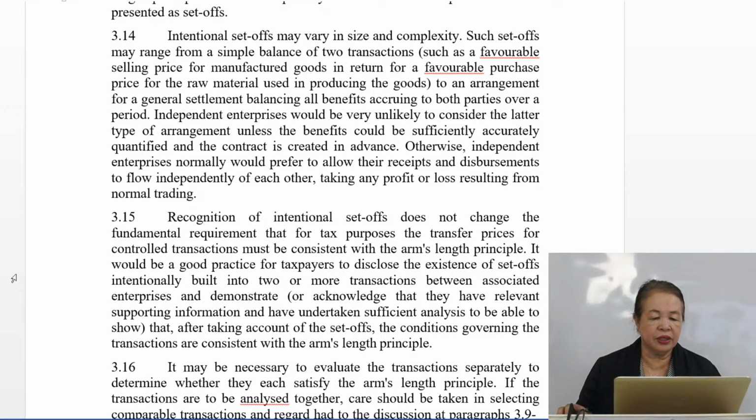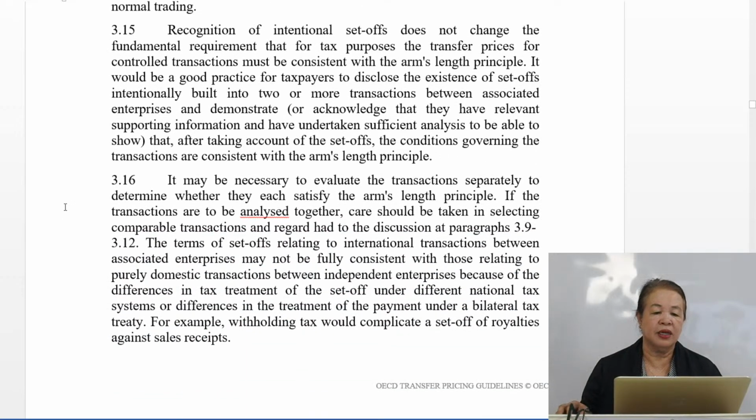Okay, so recognition of intentional set-offs does not change the fundamental requirement that for tax purposes, the transfer prices for controlled transactions must be consistent with the arm's length principle.